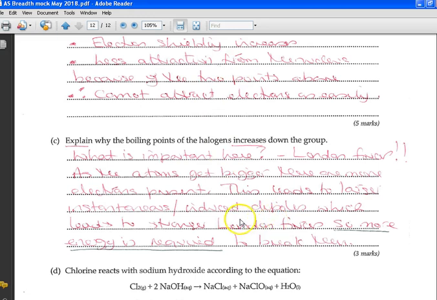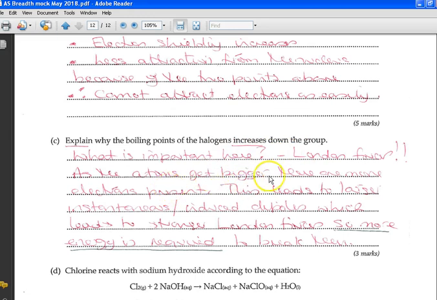Explain why the boiling points of the halogens increase down the group. So ask yourself what is the important factor here? It's London forces. So why do the London forces increase as you go down the group?